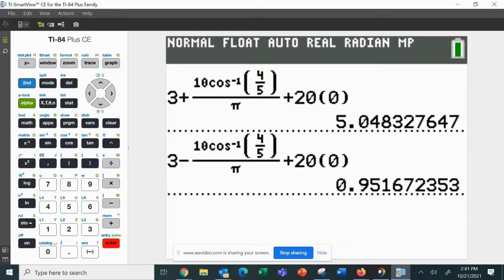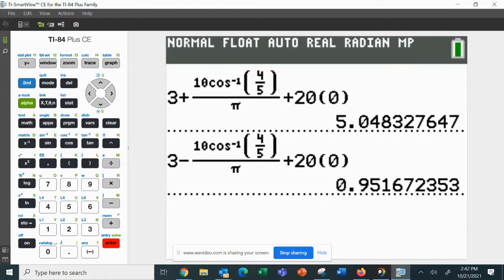So stop me if you're not getting my answers. But what I do notice is I'm trying to get the first 3 positives, and when I did plus and when I did minus with no K values, with no extra 20, I got 2 positive answers.